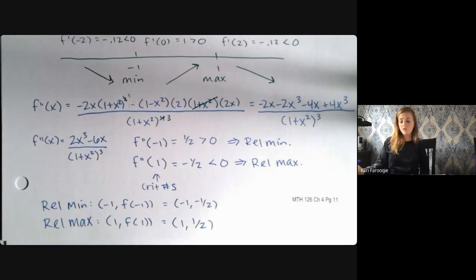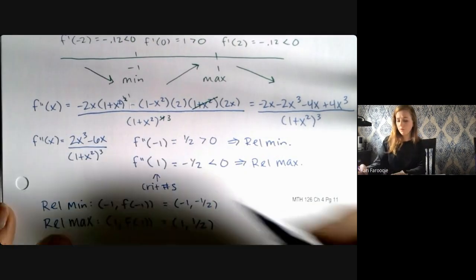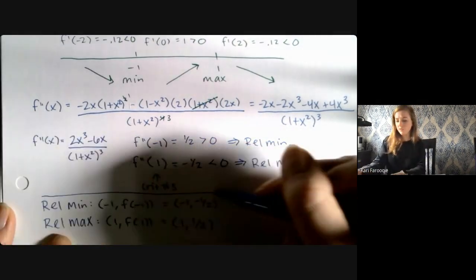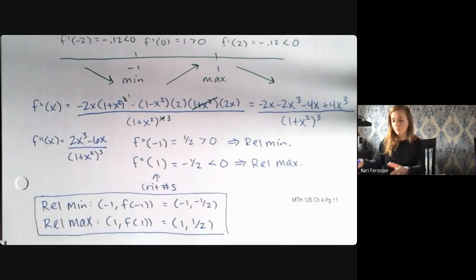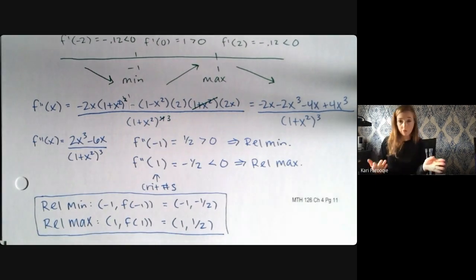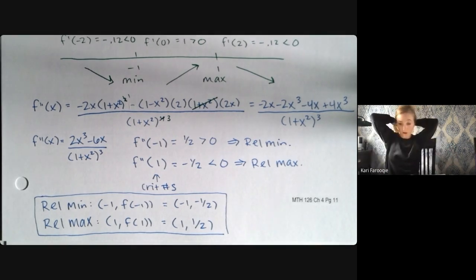So these would be the values for your relative mins and maxes on the graph, just found in two different ways. So the second derivative test is just an alternative to the first derivative test for finding extrema. It doesn't tell you anything necessarily about concavity. It's just a test to determine whether a critical number results in a relative maximum or a relative minimum.